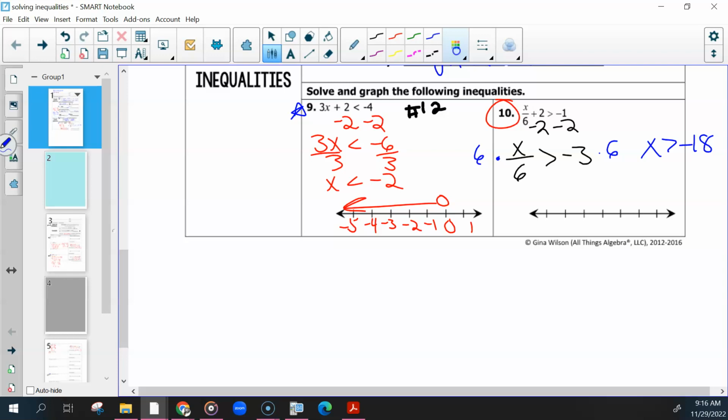So make your number line. You can make it whatever you want. You want to count by 1s, 2s, 5s, 10s, it doesn't matter, as long as it makes sense. So this would be an open circle going to the right.